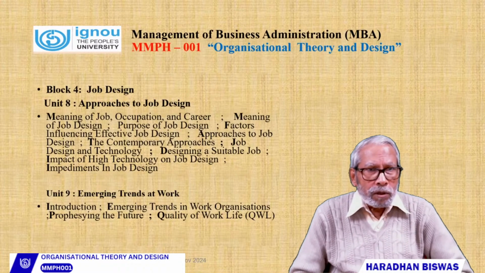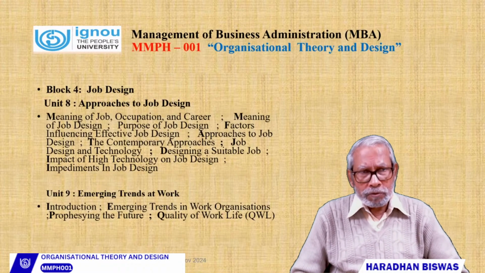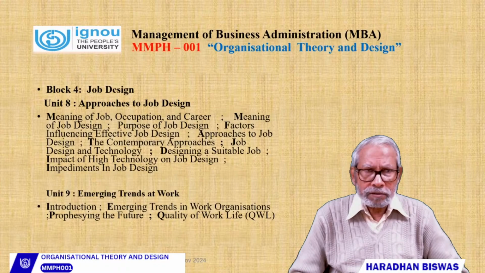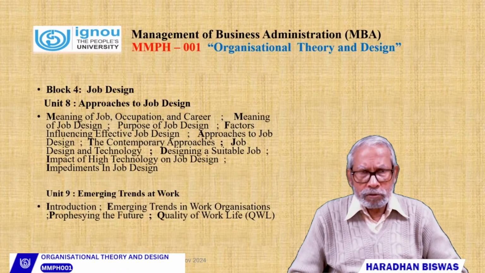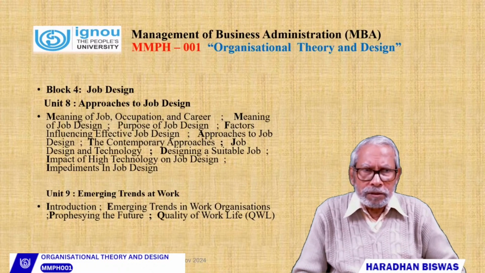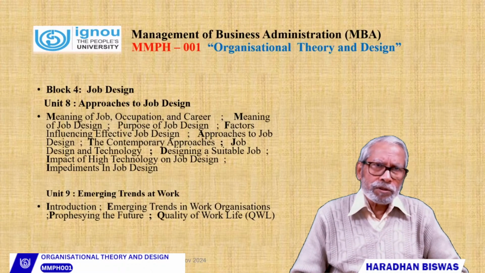Okay, so now first of all, we have to see the overview of the particular units, which are the topics, which are the contents of the particular units. Then we have to proceed. There are approaches to job design.